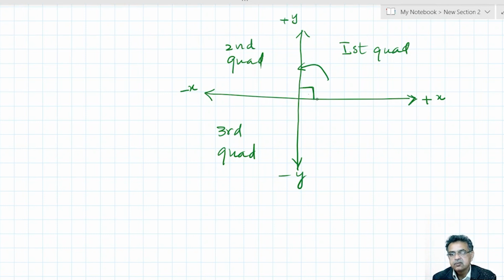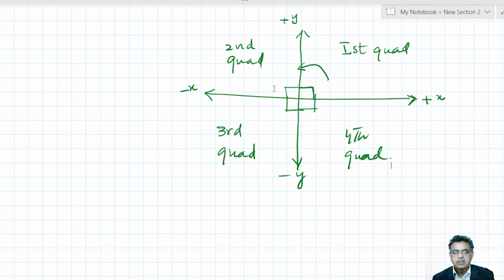First quadrant is from 0 to 90 degrees, then second quadrant is from 90 to 180 degrees, then third quadrant is 180 to 270, and then 270 to 360. This is fourth quadrant.